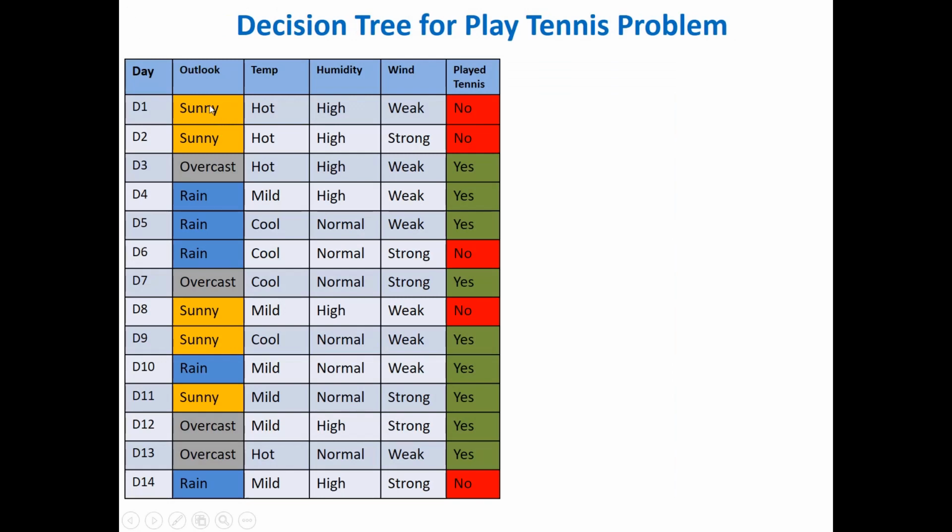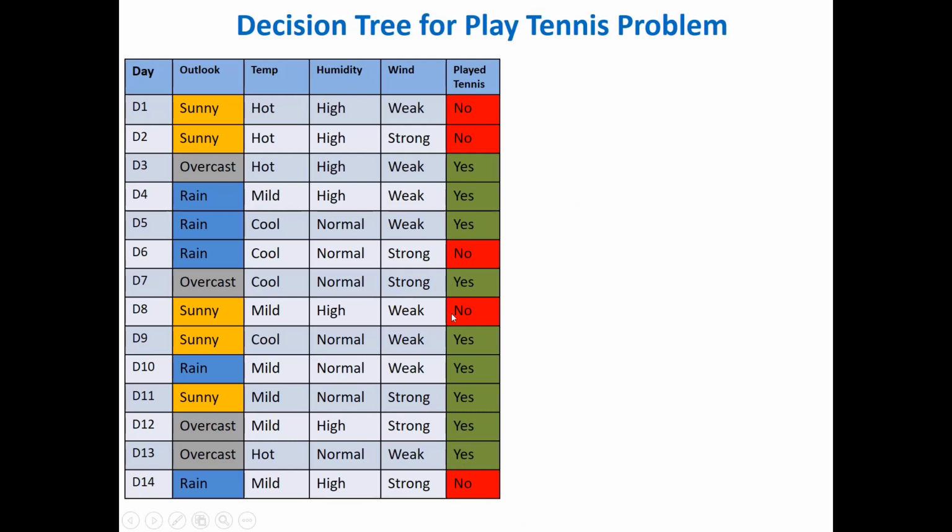These are the two values. While drawing the decision tree, we have to decide which attribute to start from, which attribute should be the parent node. For that we have to calculate the entropy and information gain of each and every attribute. There are 14 examples in total.